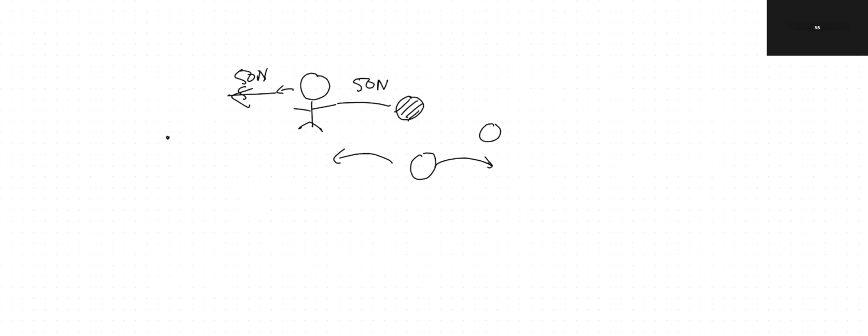So if he throws the ball in the east, he would travel towards the west. The harder we throw a ball, with the greater force and the greater acceleration, the more we will travel in the opposite direction.